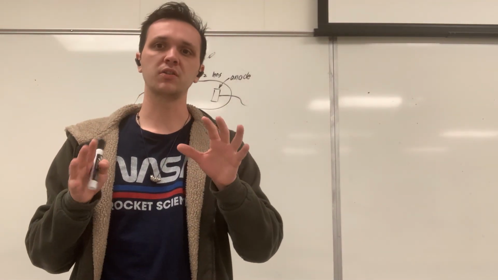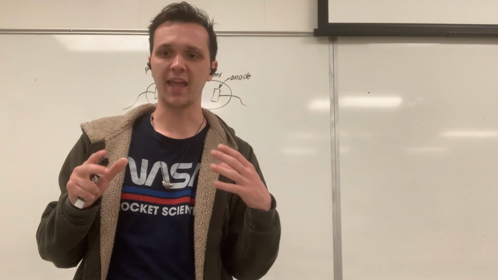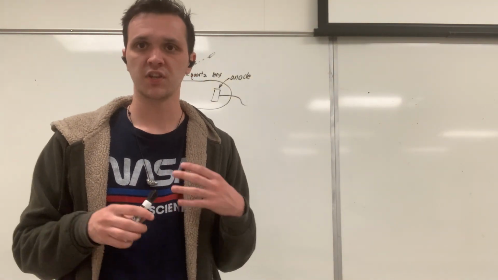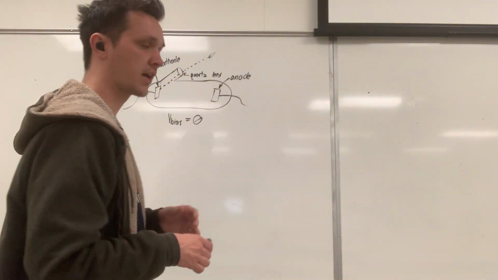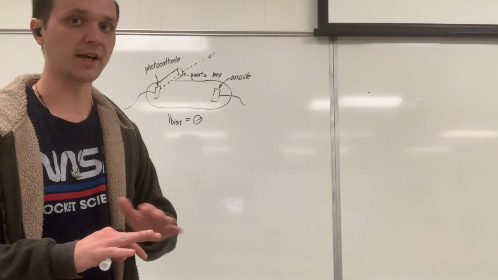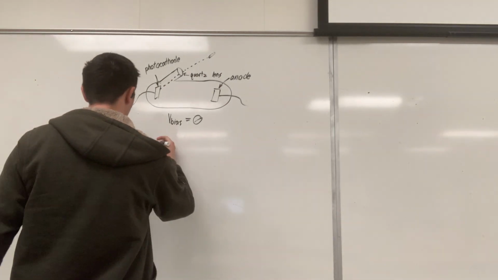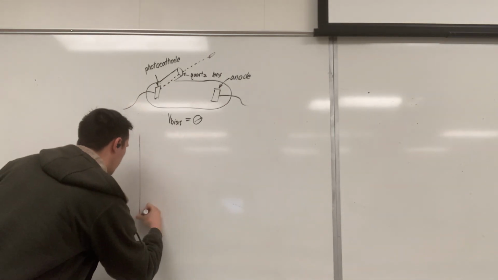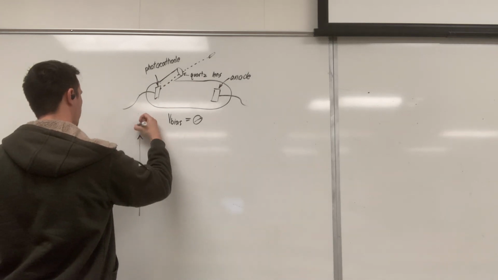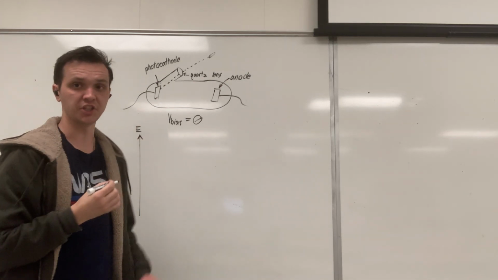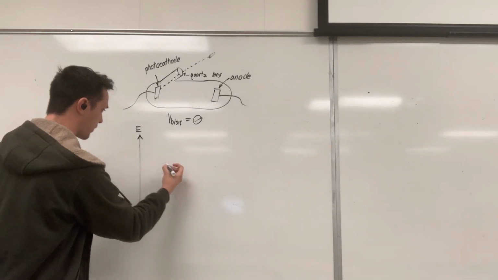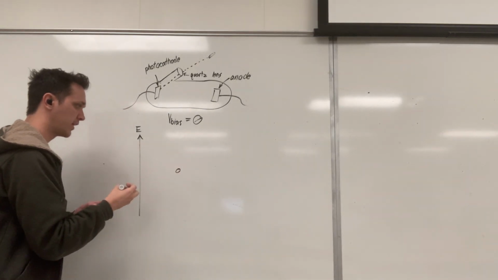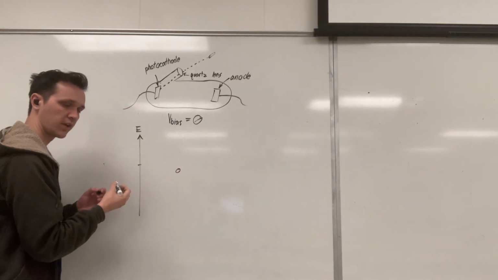But let's just come up with a diagram to describe the energy of all the electrons in the photocathode, nominally, without doing anything. In order to do that, I'm going to create a y-axis here that will represent the energy of an electron. So for instance, if I put an electron here, then it has an energy at this level.